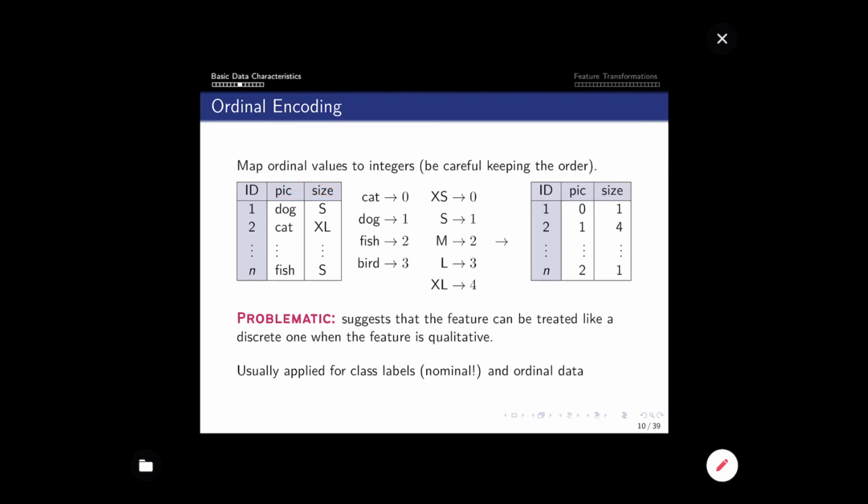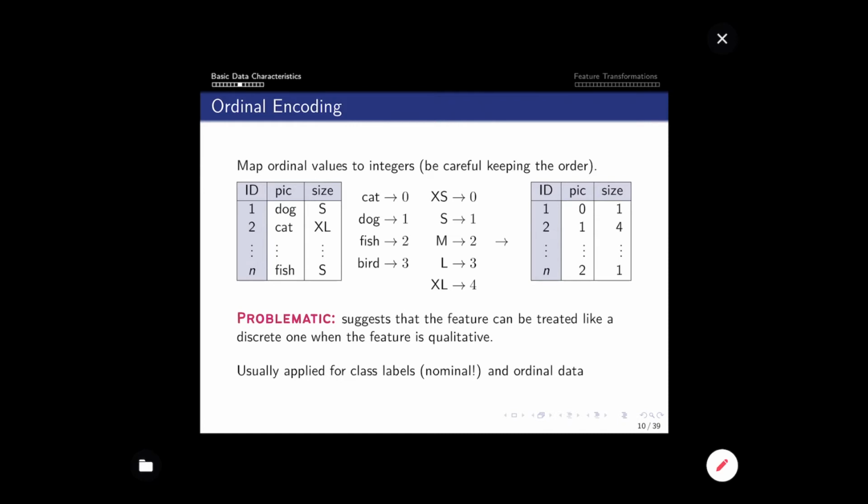The categories for the picture don't have an order, right? A dog is not smaller or less than a cat, so you cannot make a meaningful order here, but nevertheless we can also encode nominal data with this ordinal encoding.